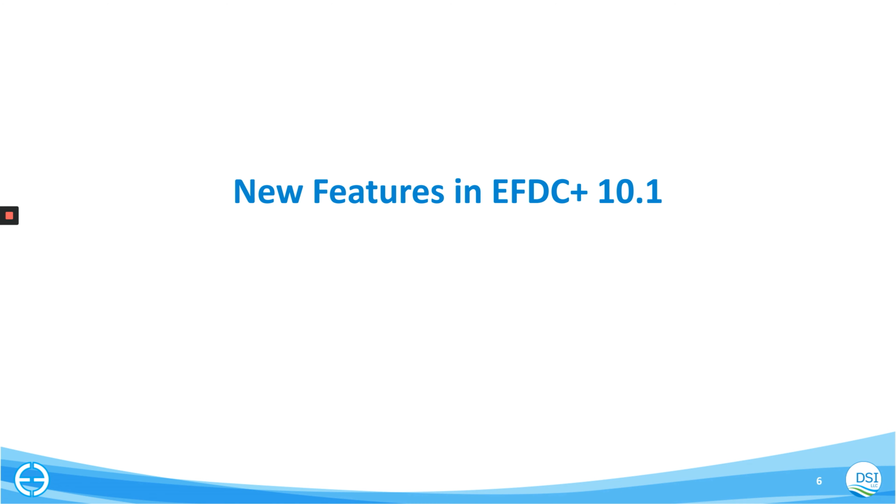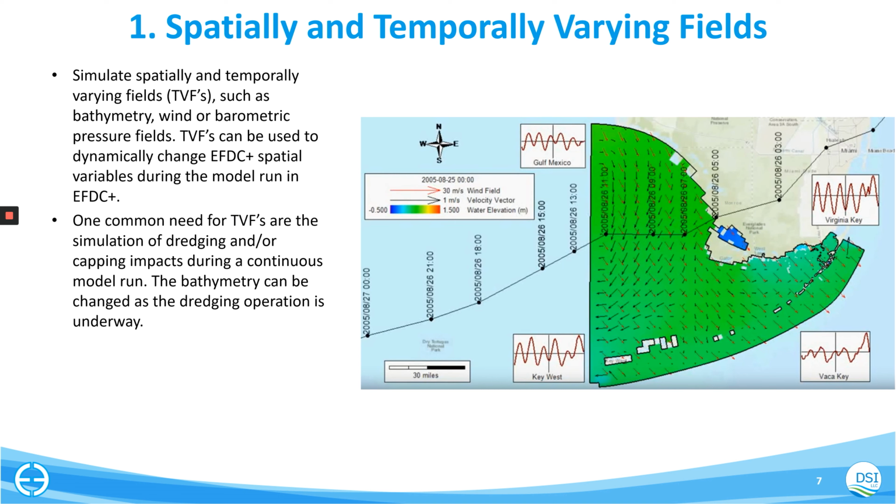So that's 10.0. What you now have in 10.1 are some capabilities in what we call temporally varying fields. So these are 2-dimensional time varying fields. Things that you can change include bathymetry.